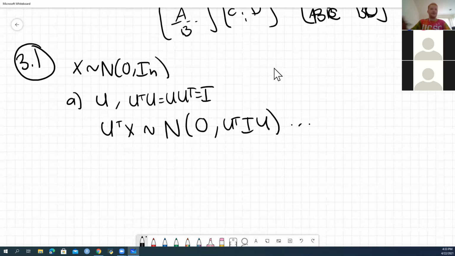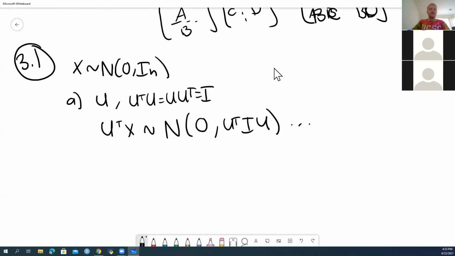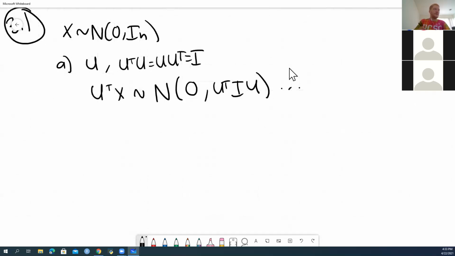It's not really groundbreaking stuff. The next one has a bunch of stuff. This is spectral decomposition and some stuff about eigenvalues and eigenvectors.